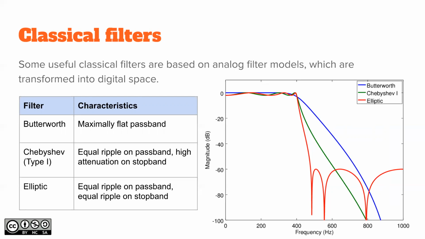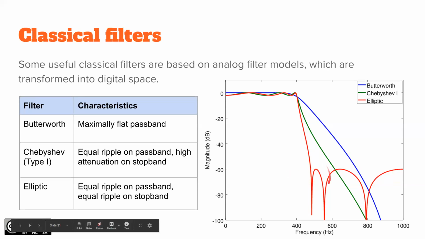Okay, and then elliptic. Elliptic is hard to tune, but not really in the digital domain. In analog domain, this elliptic is quite hard to implement. Anyways, the elliptic has equal ripple on passband, also equal attenuation on stopband.